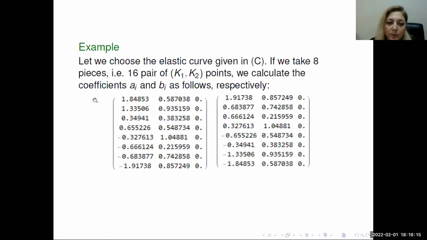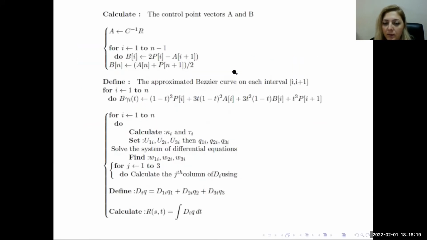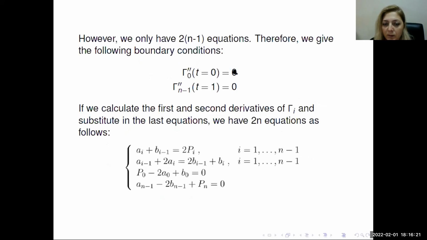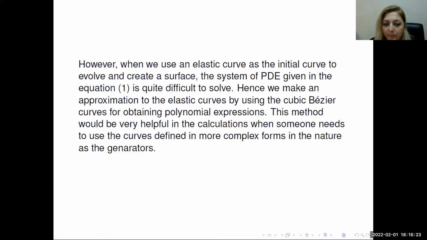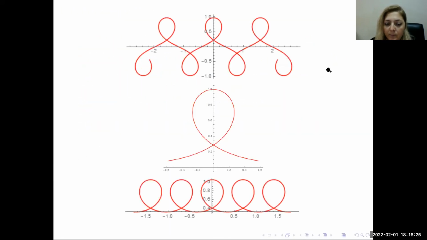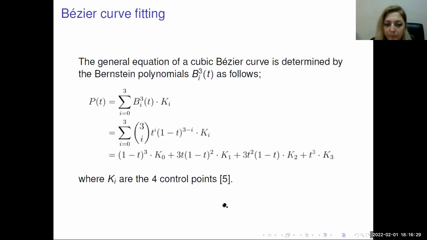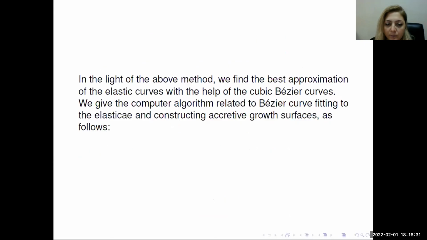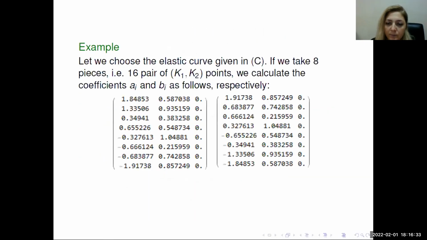Here we give an example. Let me choose the elastic curve given in C. I can show it. This curve is C. If we take 8 pieces, it means 16 pairs of K1, K2 points.